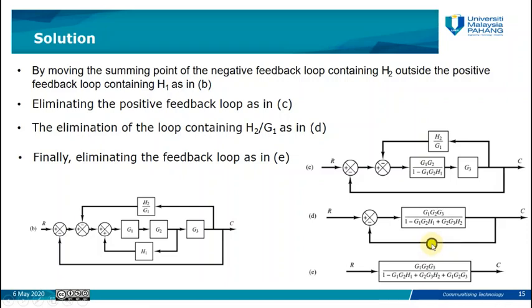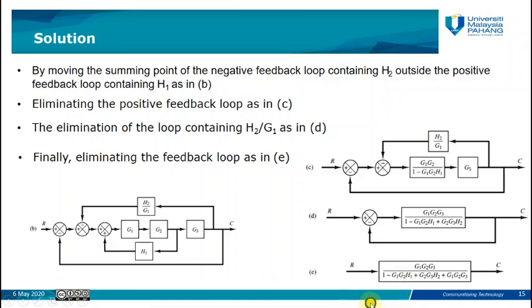In this case, the formula becomes G(s) over 1 plus G(s), because H(s) is equal to 1. So it will be G(s) over 1 plus 1 times this G(s) again. This will be the equivalent transfer function of our system.